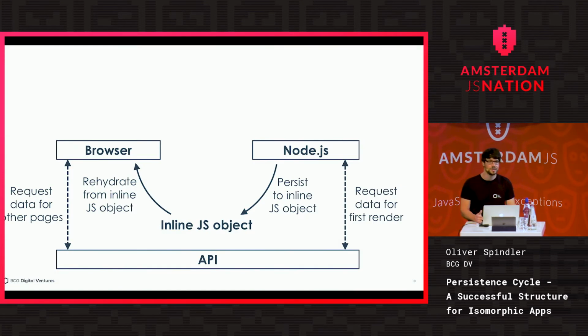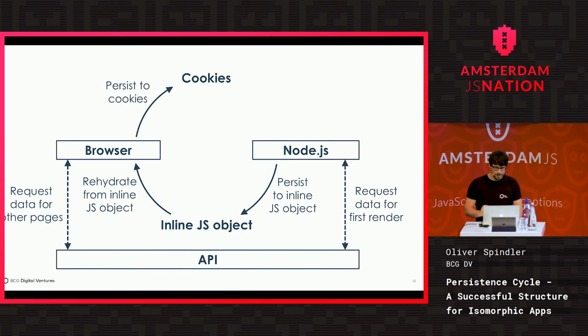So what you could do is you could just store that authentication token that you received, and then when you make a request to the API, you specifically look for that authentication token in your cookie. That works, but I think we can do even better. And here's my suggestion.